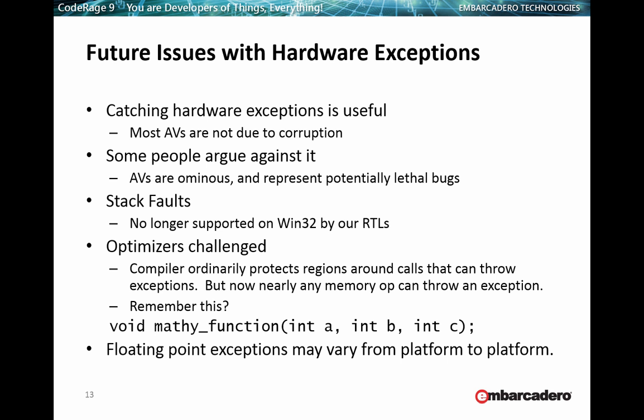So catching hardware violations is very useful, but there are two different schools of thought on it. There are purists who say you shouldn't do it ever, that it's dangerous, that an access violation may represent memory corruption, and to continue running the application in the presence of an access violation runs the risk of doing significant damage.